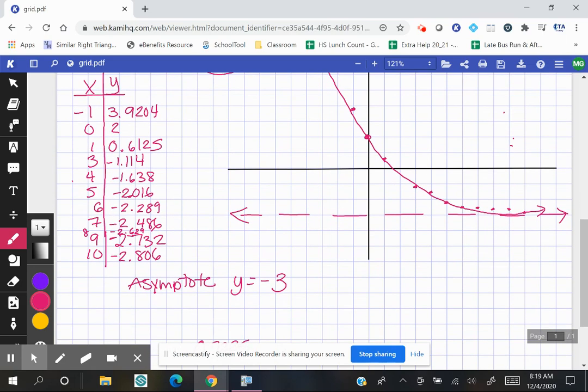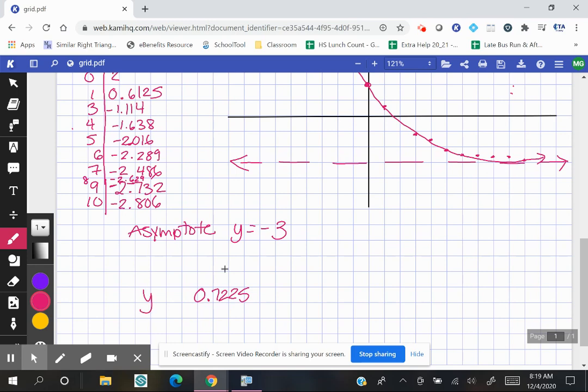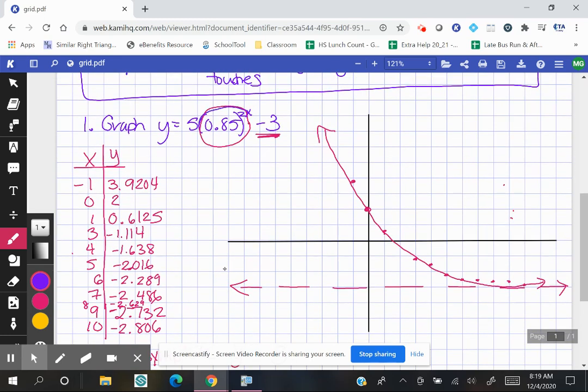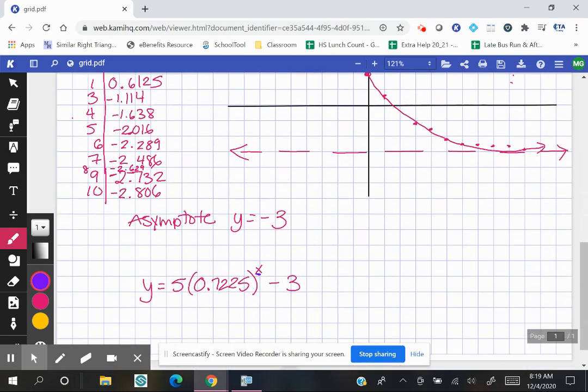So this equation would be the same as y equals 5 times 0.7225 raised to just the x, minus 3. Once you have that x by itself in the exponent, so before it had a 2, now I just typed this into my calculator, and now it's just raised to the x power.